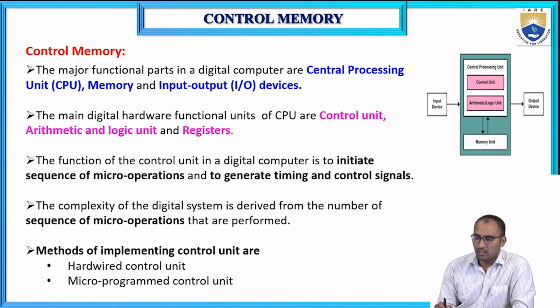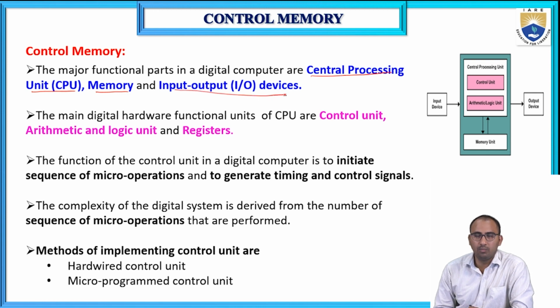The first one is the CPU, Central Processing Unit, the second is memory, and the third one is the IO devices, input or output devices. Here you can see the basic digital computer system architecture. It consists of a CPU, memory, and along with some input devices and output devices. These are the three main functional parts.